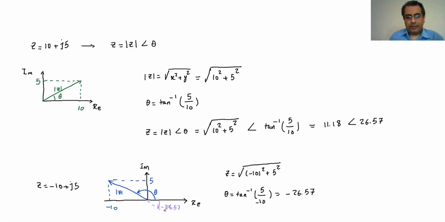So you have to add 180 degrees to this theta that we get here. So sometimes when you calculate the theta, you have to either add or subtract the 180. So actually the theta is going to be negative 26.57 plus 180 degrees, and you can find it visually when you draw that.